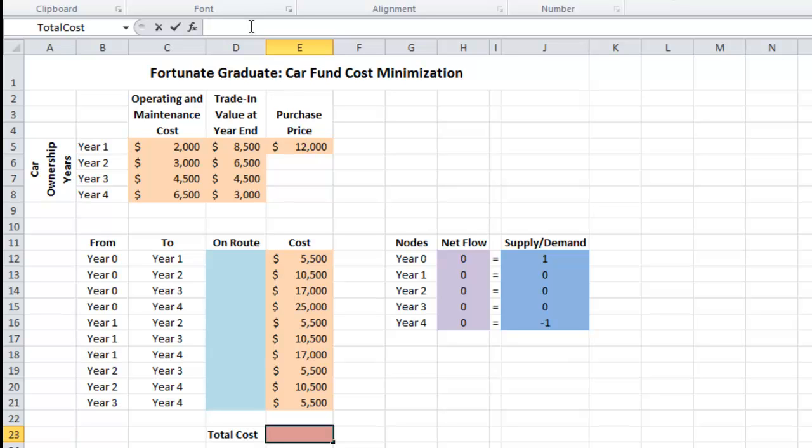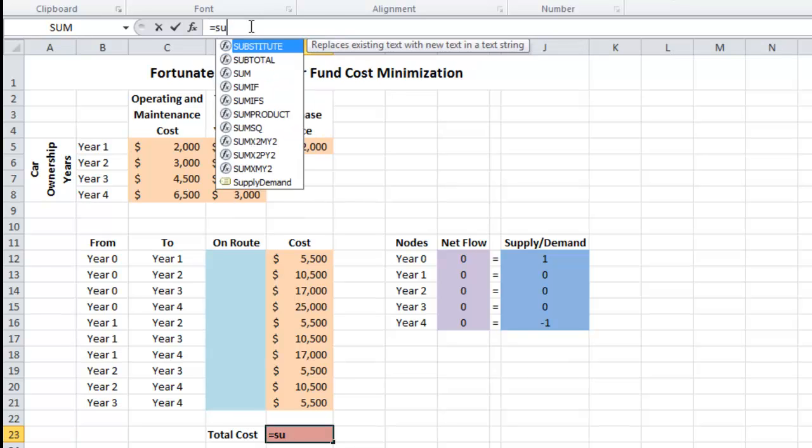So we will have a cell in on route times a cell in cost, plus the next cell in on route times the next cost, plus, and so on and so forth. So we're multiplying and adding at the same time across 2 regions of cells, 2 cell arrays. So this formula is the SUMPRODUCT formula.